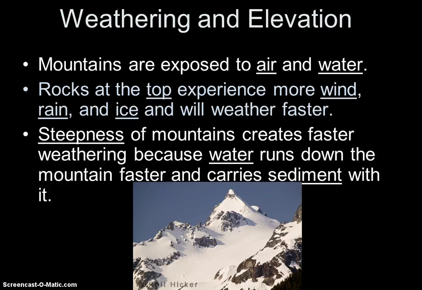Also, the steepness of the mountains create faster weathering because the water runs down the mountain faster and carries sediment with it. Also, we have a lot of rocks falling and breaking, and gravity was one reason that we have weathering. So that also happens more on the mountains.